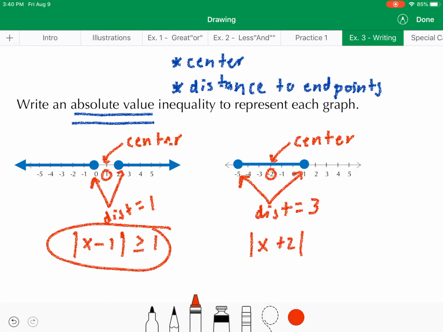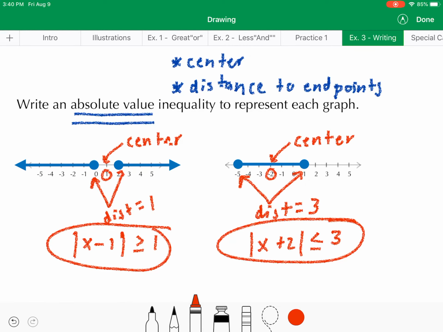And this time, the endpoints are the furthest points away from the center. All the other points on the graph are getting closer to the center, right? So this means our inequality has to be less than or equal to 3 units.